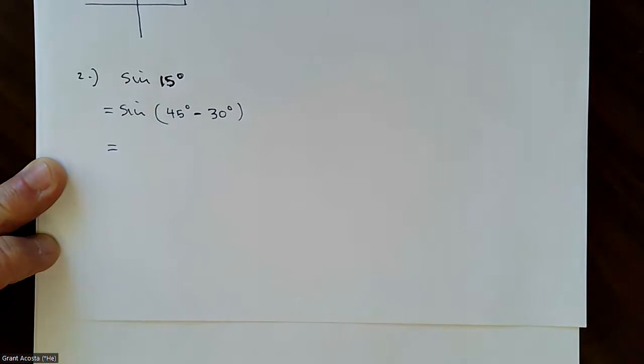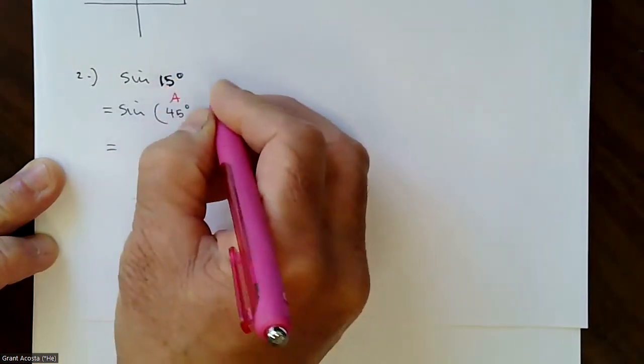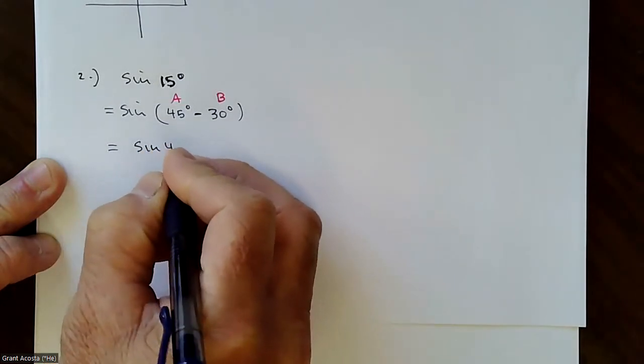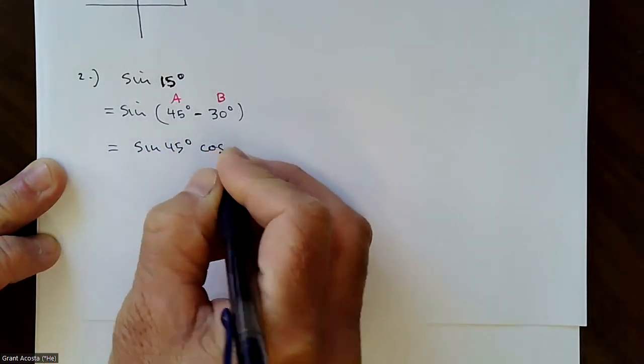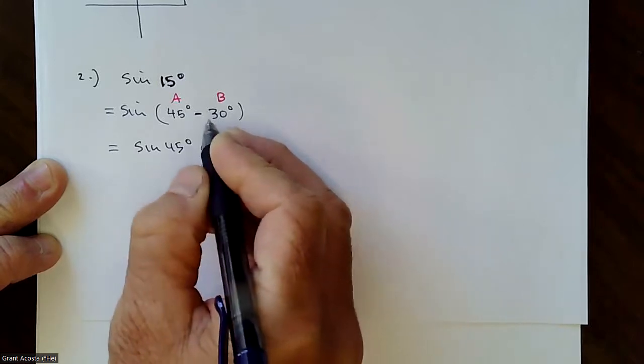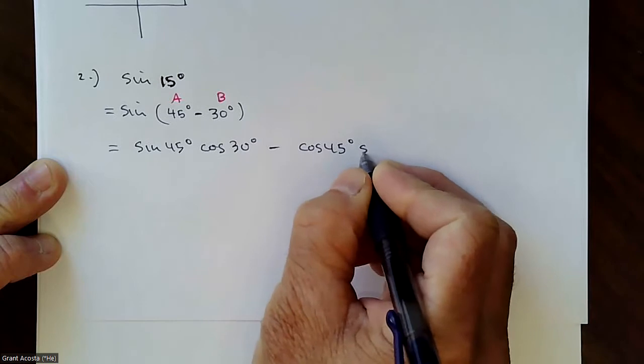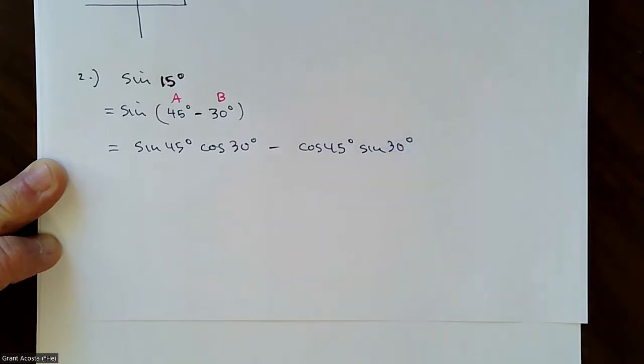Using my identity, with this being A and this being B, that's going to be equal to the sine of 45 degrees times the cosine of 30 degrees minus the cosine of 45 degrees times the sine of 30 degrees.